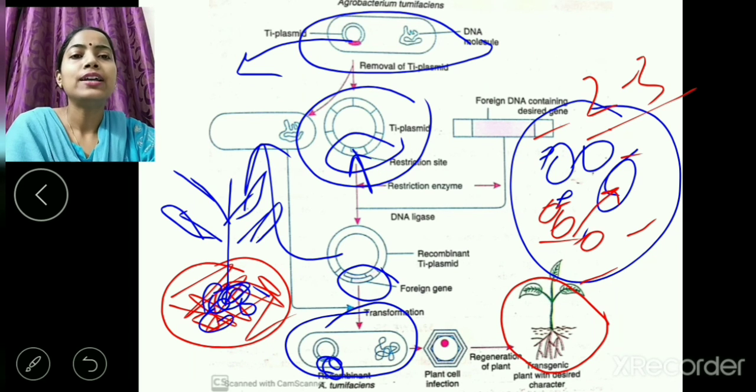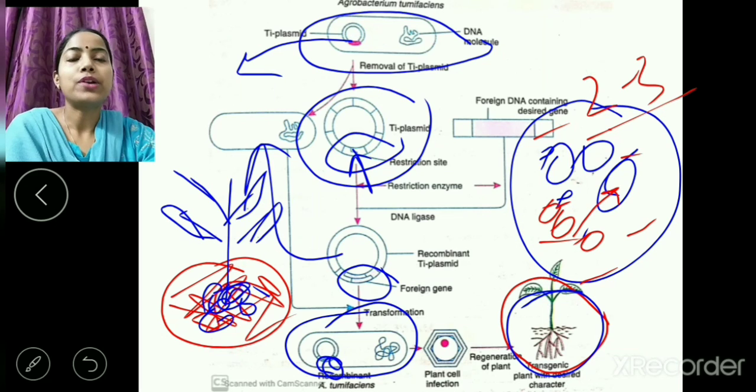So this plant is now the modified one. It is now carrying the gene which has been transferred. This plant is also known as the transgenic plant, or you can call it a genetically modified plant or transformed plant. So this is how, with the help of the vector, we have created the genetically modified or transgenic plant carrying the desired gene. Thank you.